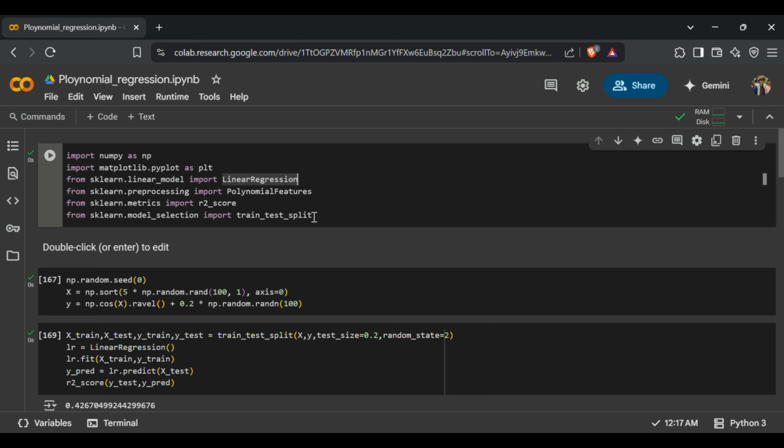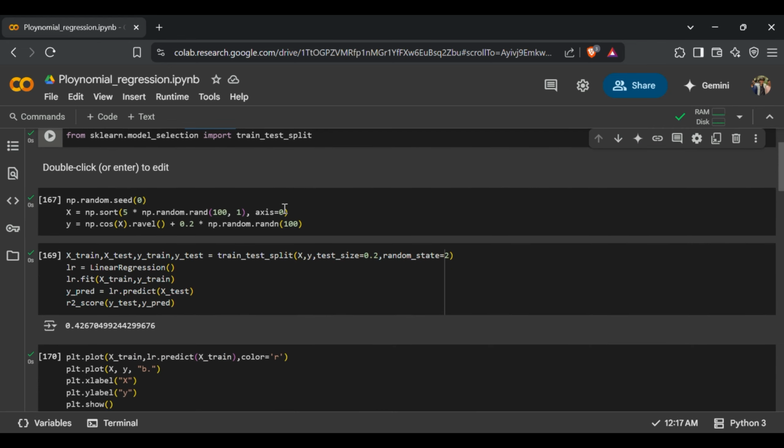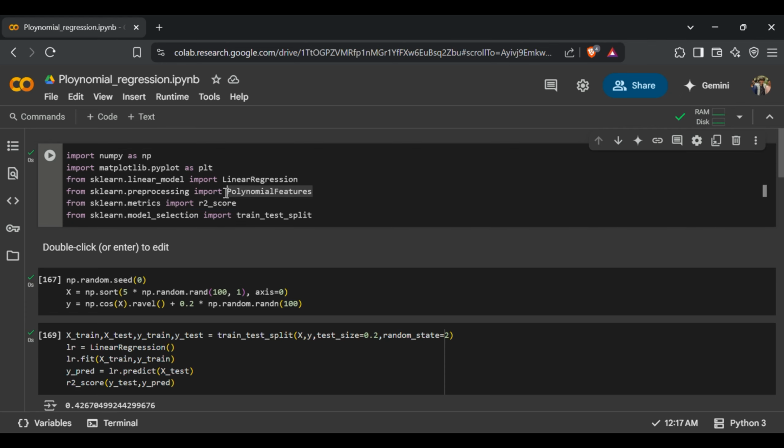Here is the coding part of polynomial regression. I have imported all the libraries to implement polynomial regression and all the metrics, and I'm using R2 score as the metric.